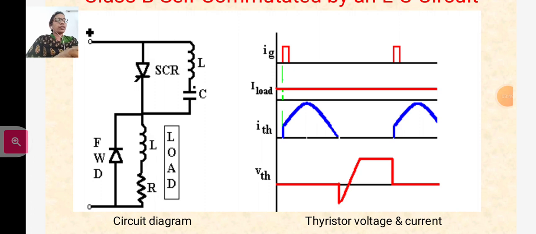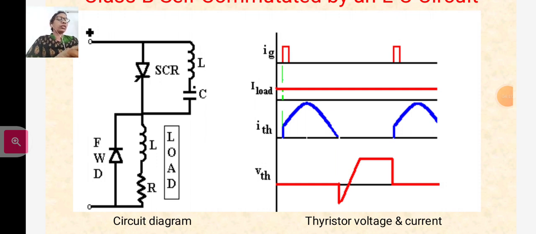This current will then reverse and flow through the SCR in opposition to the load current for a small fraction of the negative swing till the total current through the SCR becomes 0.